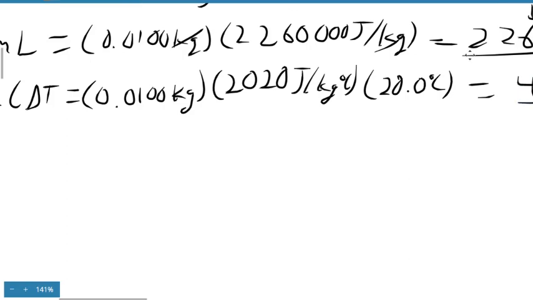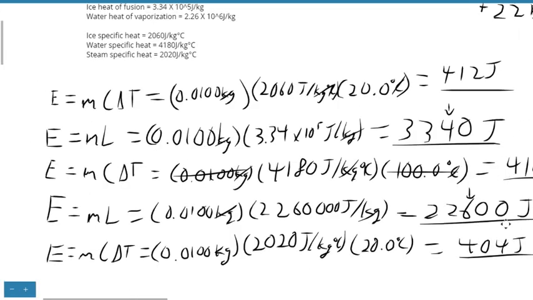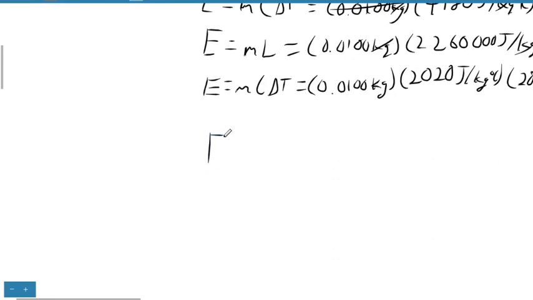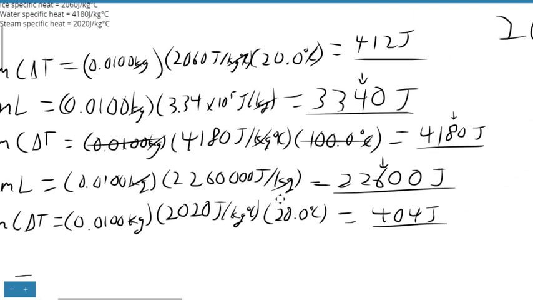And now all we need to do is add up everything here. So E, let's do total, T for total, equals 404 plus 22600, and go back up, plus 4180 plus 3340 plus 412.